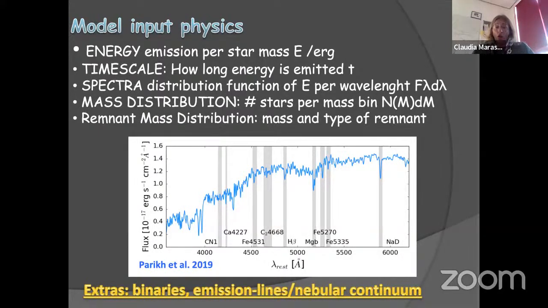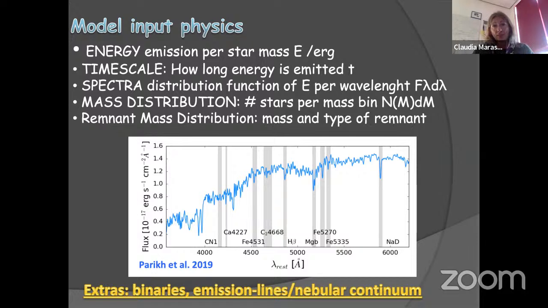Now, there are colleagues who also include other types of physics in population models, which I call the extras, with all the respect that I have for these quantities. And these are the fraction of stars that are actually in binaries, emission lines due to surrounding gas, especially in young populations, and nebular continuum.